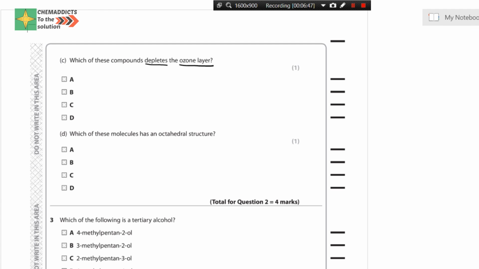Which of these compounds depletes the ozone layer? In this case, it is dichloro. Let us first write the name: dichlorodifluoromethane. The option was C, if we have noticed.